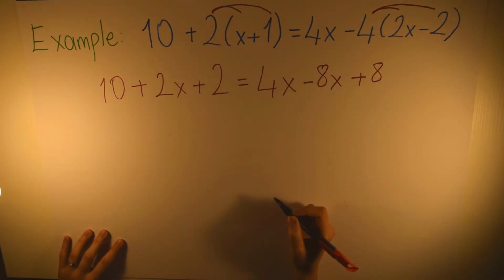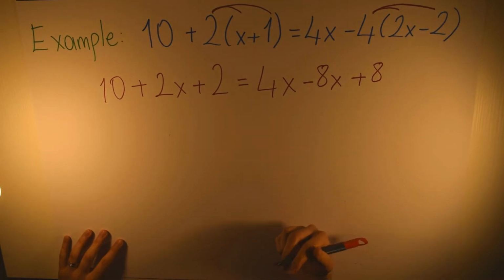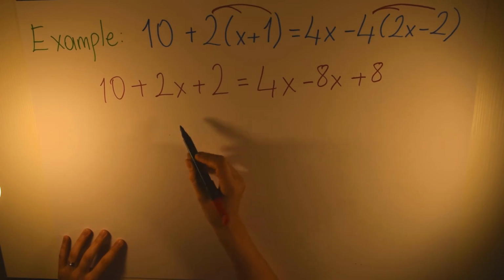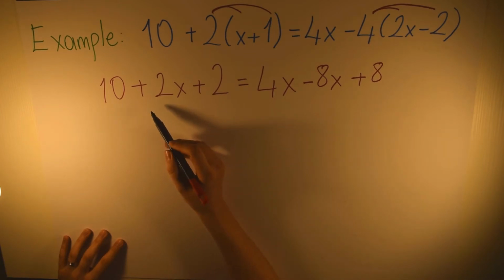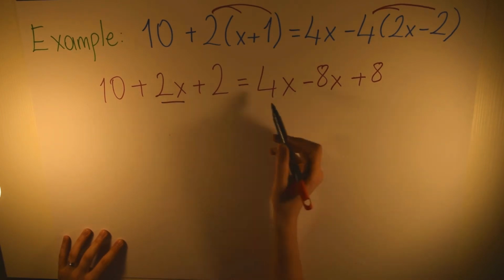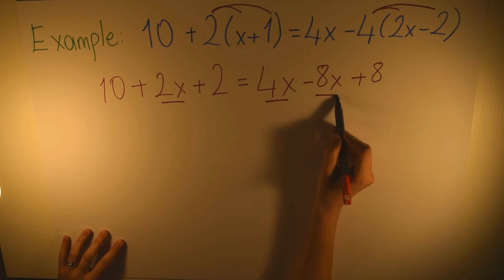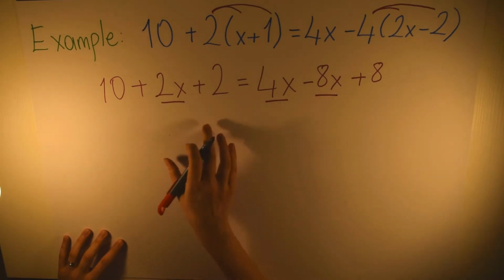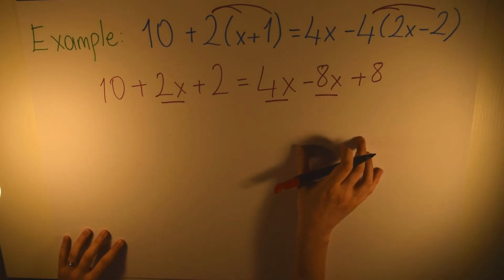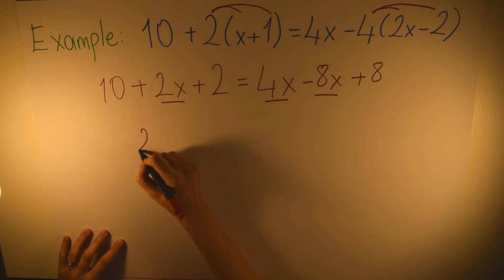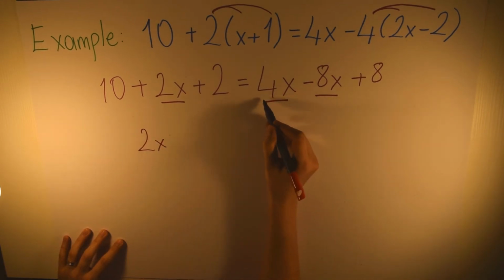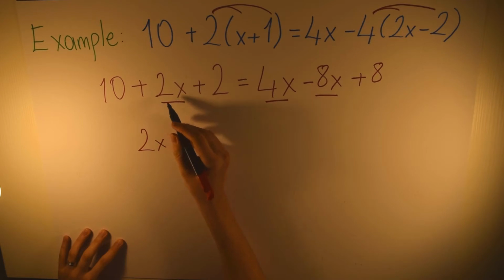And then from here, what we do, first step, is to relocate the similar terms, right? So let's do this. Here we have 2x, we have here 4x and minus 8x. Okay, let's put the unknowns here and the constants here, okay? So 2x, I put this plus 4x here.